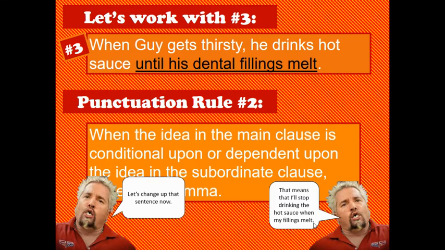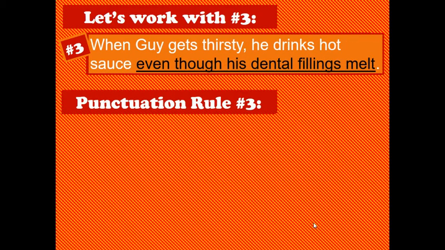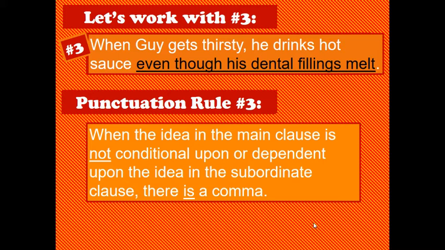But let me change the sentence to lead you into punctuation rule number 3. It says, when Guy gets thirsty, he drinks hot sauce, even though his dental fillings melt. Well, that's different. Now the main verb is drinks hot sauce, but the clause, even though his dental fillings melt, isn't really changing that verb. Even though his dental fillings are melting, he's going to keep drinking that hot sauce because he's nuts.